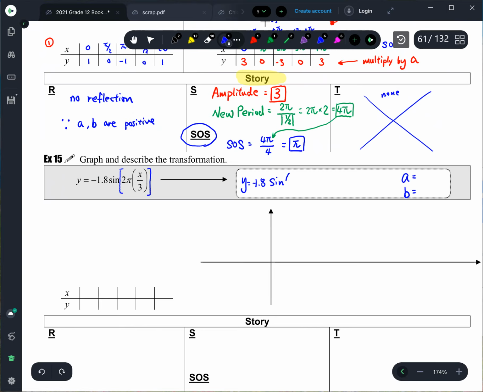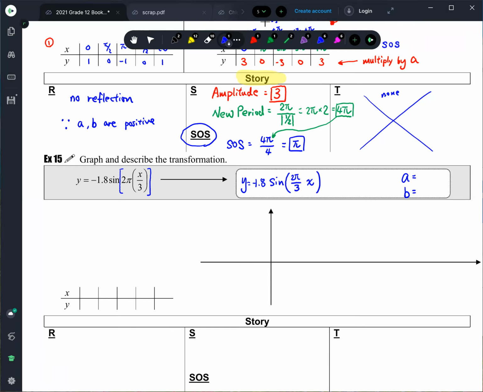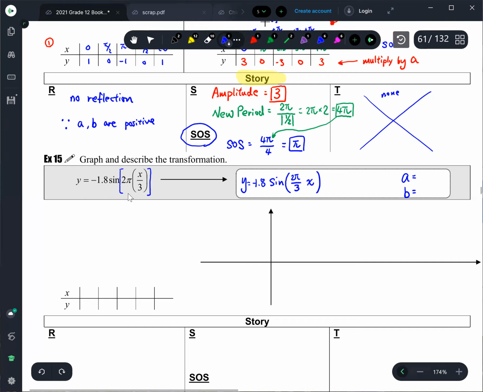So I'm going to rewrite it as 2 pi, and then 3 is in the denominator: 2 pi over 3. It's still the same question, but we rearrange it so it's easier to identify the A and B. Sometimes the question needs you to rewrite it first.